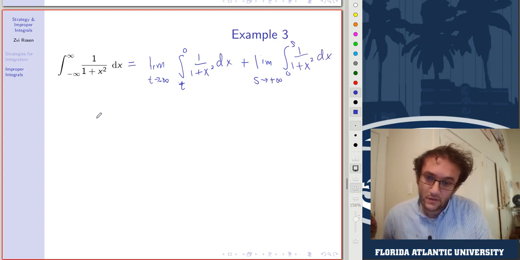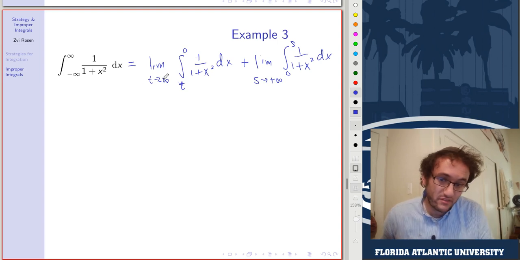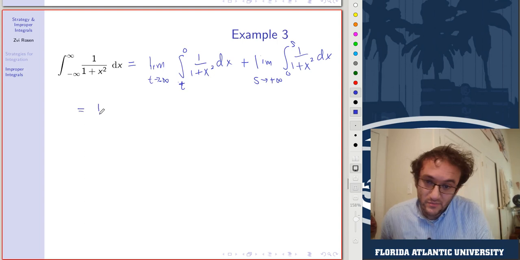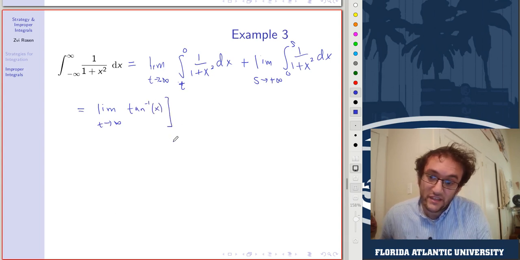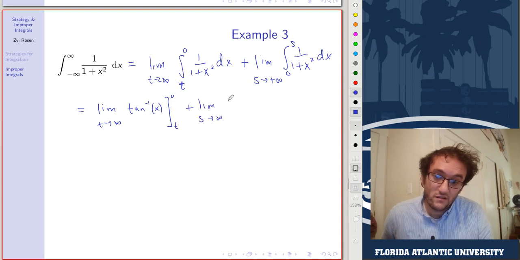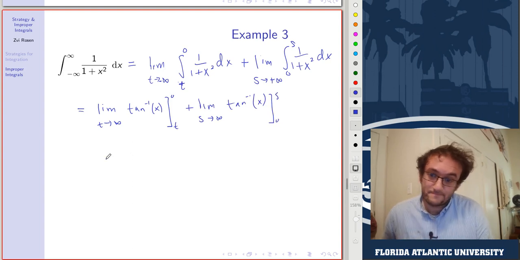Okay. So the antiderivative here, which we should know from our trig substitution days, is going to be arctangent. So we have the limit as t goes to minus infinity, arctangent of x evaluated from t to 0, plus the limit as s goes to infinity, arctangent of x from 0 to s.